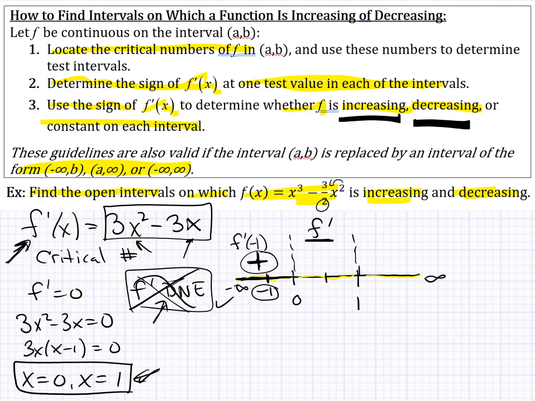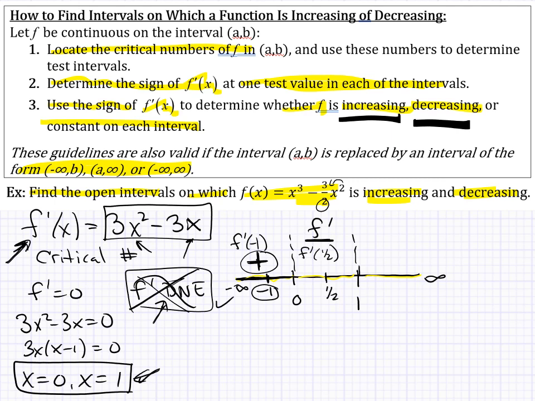Then I go to the next interval, and pick any number. I'll pick a half. I plug that into my derivative, so I find f prime of a half, and I see what kind of answer I get. Now, I really don't care what the answer actually is. I just care what kind of answer I get, positive or negative.